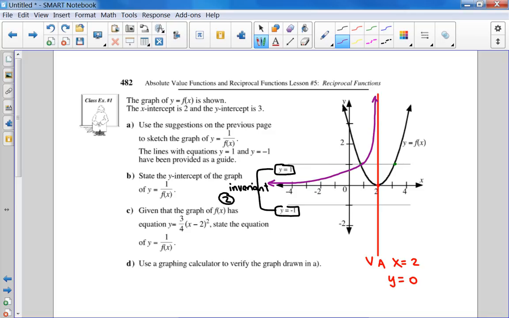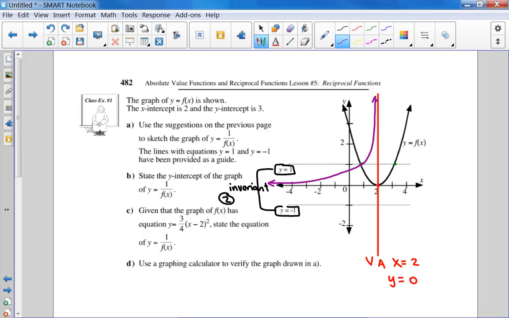Now let's go over here on this other invariant point. What's happening between x2 and x3? The original is increasing. So r should decrease. But this is weird.